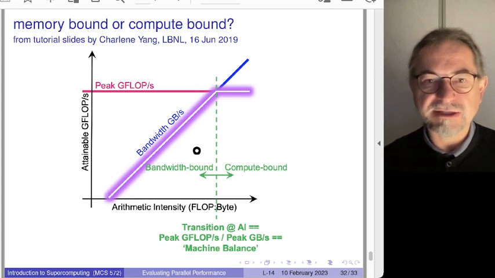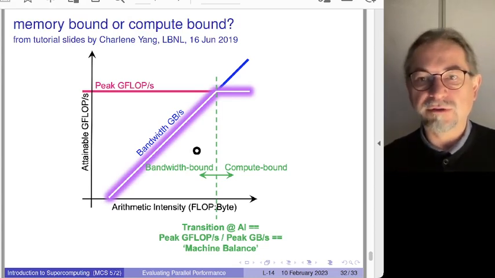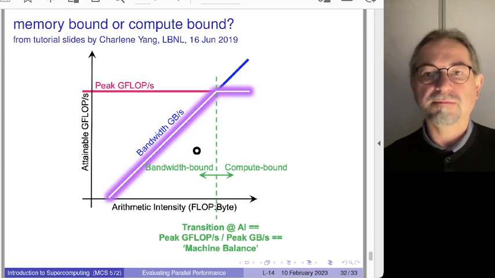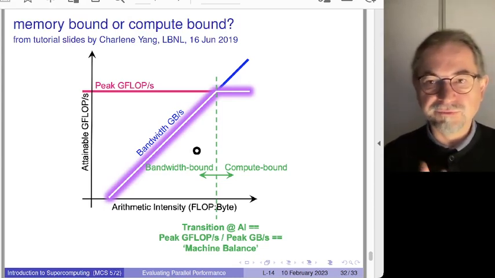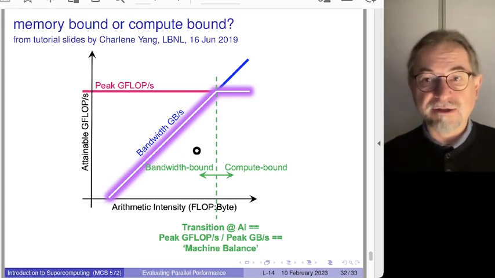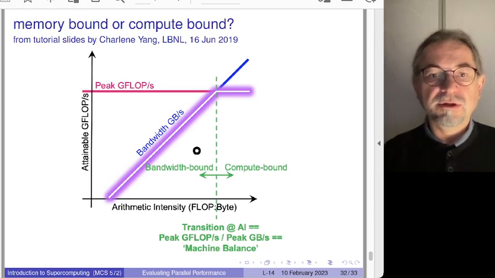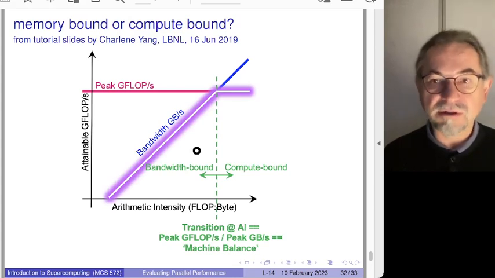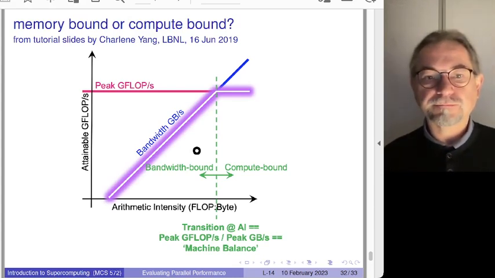So the x and the y give you the coordinates. And then you can see if you're under the slanted part or under the horizontal part with your dot. The ridge point of the roof will make the cut between whether your computation is bandwidth bound, memory bound, or compute bound.